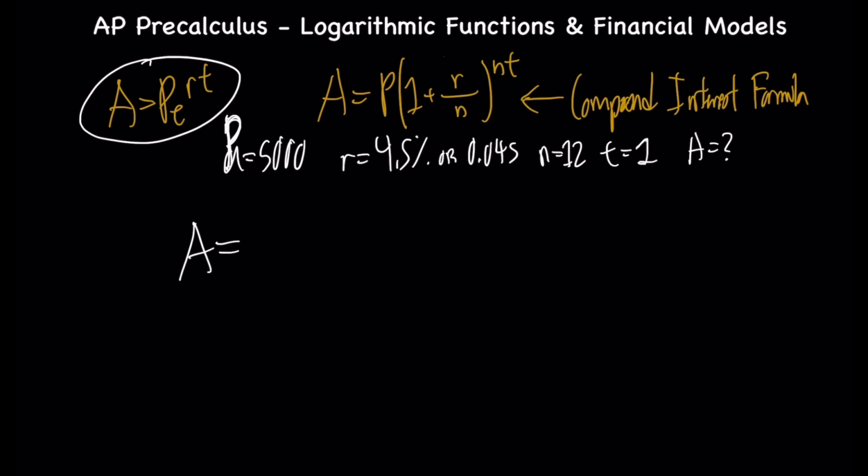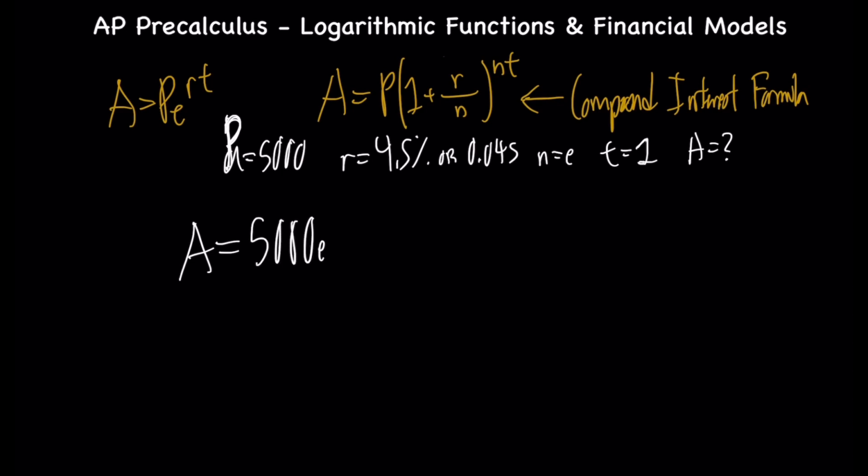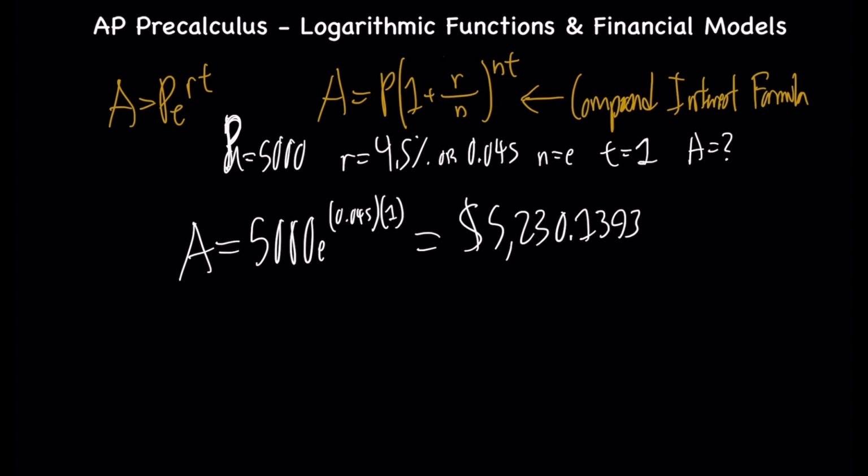So you would have 5,000 times e to the power of 0.045 times 1, and you would end up with a number still not noticeably bigger, a little over $5,230.